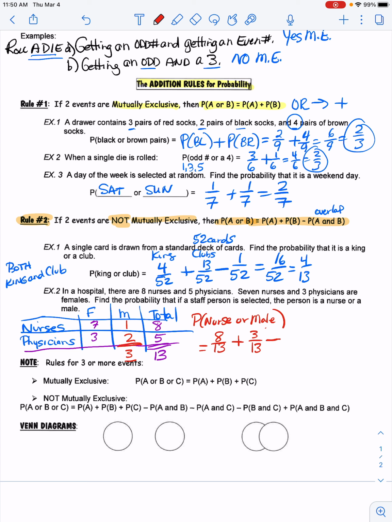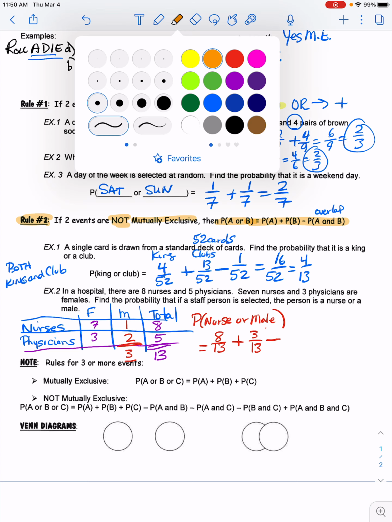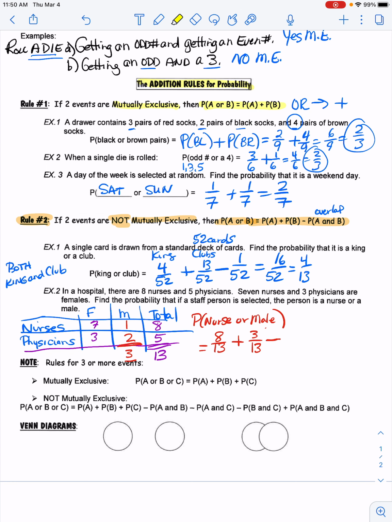And then you want to subtract if you can be a male nurse. Well, male and nurse is that 1 right there. So that would be a minus 1 out of 13. So our answer for that one, 10 out of 13.